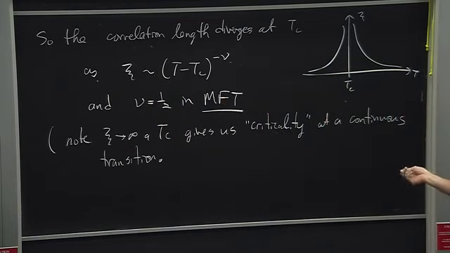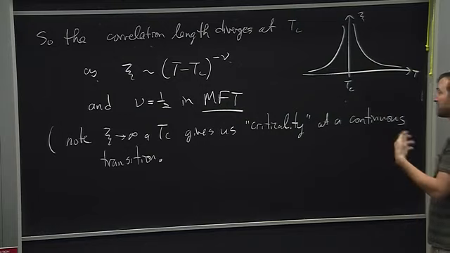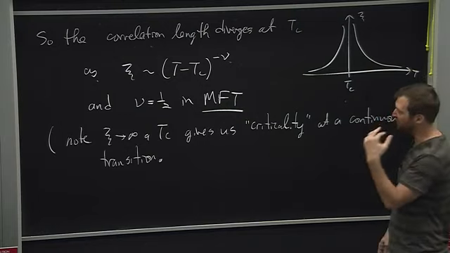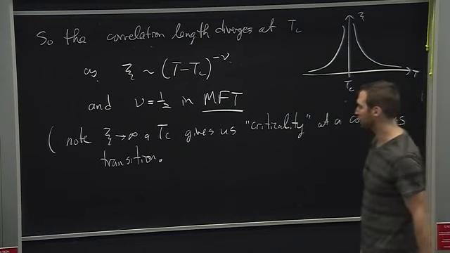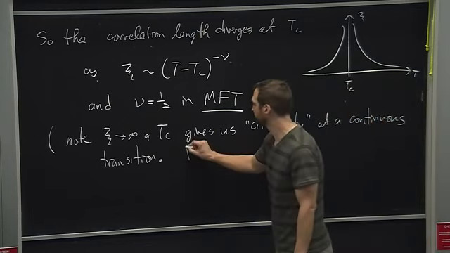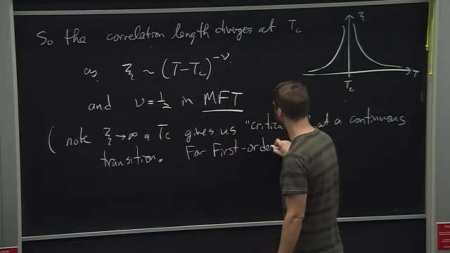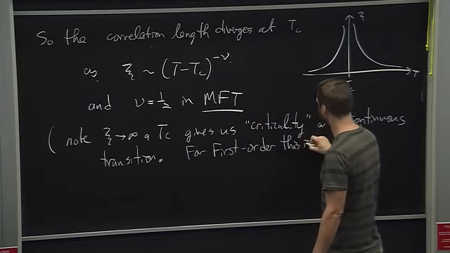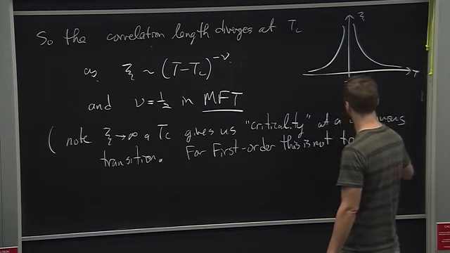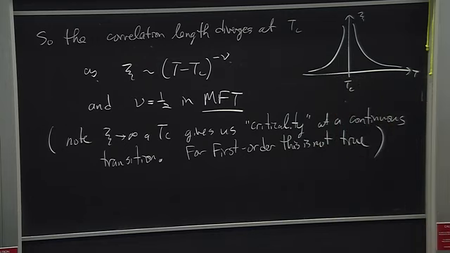First order transitions have discontinuities, latent heats, hysteresis, coexistence. The free energy just looks different. Right, so criticality gives rise to the scaling behavior.